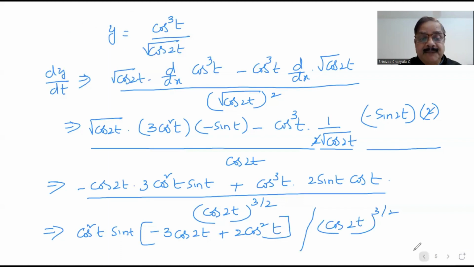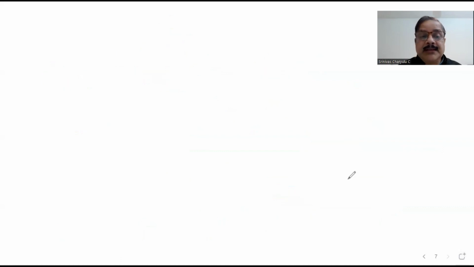First cos square t sin t. Open the bracket. Go to the page. What are we having? Minus 3 cos 2t. So minus 3, open the bracket. What we write here? 2 cos square t minus 1.